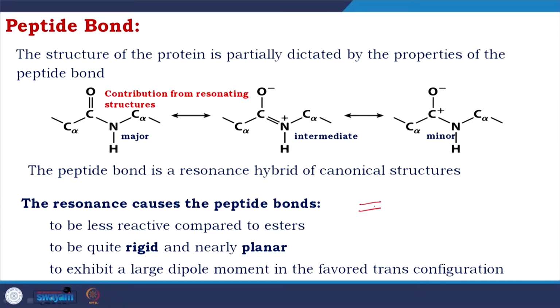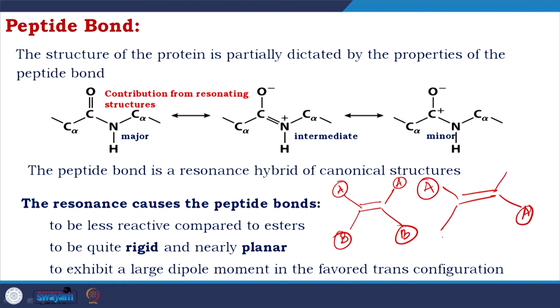So, it is a double bond, and when you have a double bond, you have a possibility of cis and trans.